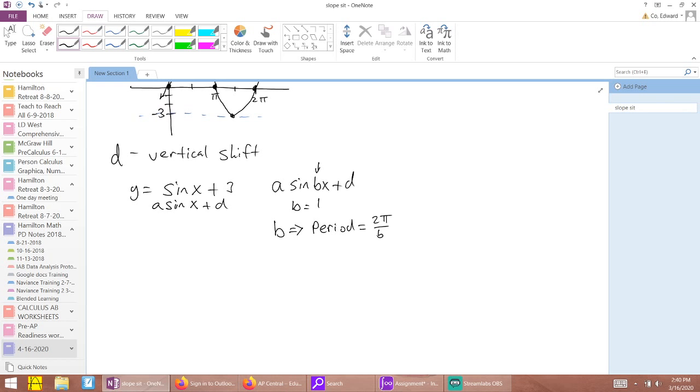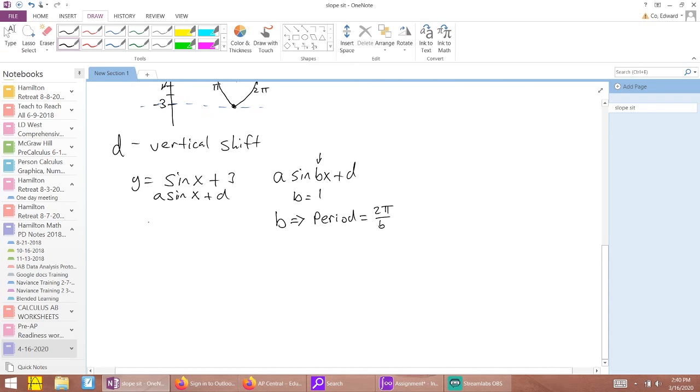Okay, so that's kind of weird. If b in this case was 1, so a is equal to 1, b is equal to 1, and c is equal to 3, we know the characteristics: my amplitude is 1, my vertical shift, sorry, this is a d.